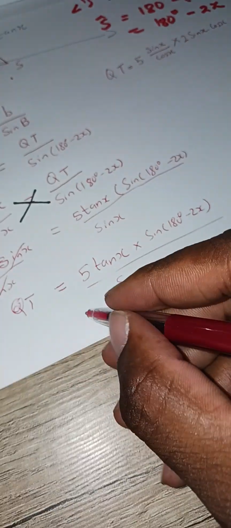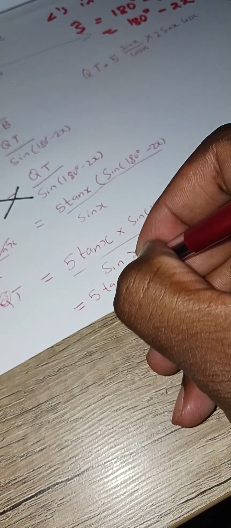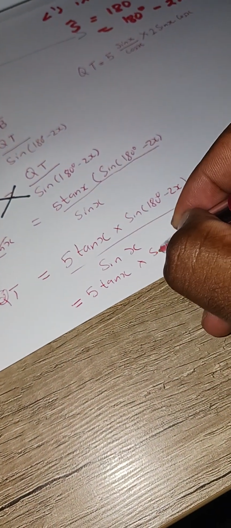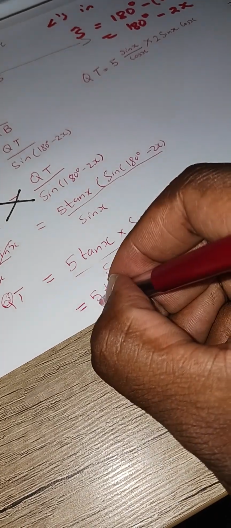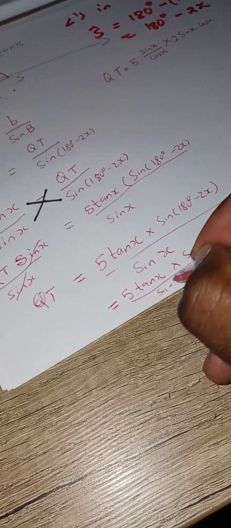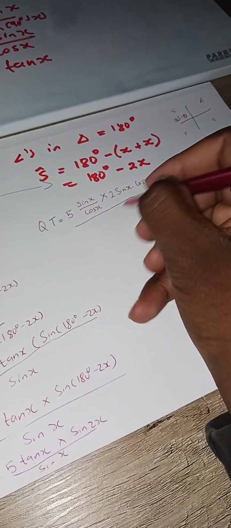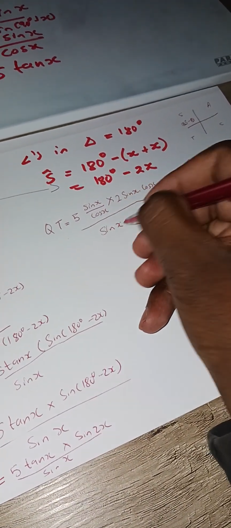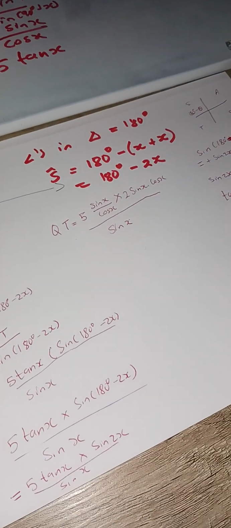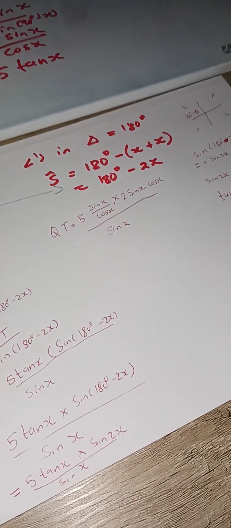But if you don't want to skip the step, you can just say this is equal to 5 tan of x times positive sine 2x divided by sine x. Then you divide everything by sine x, so this thing is now a little bit simpler.